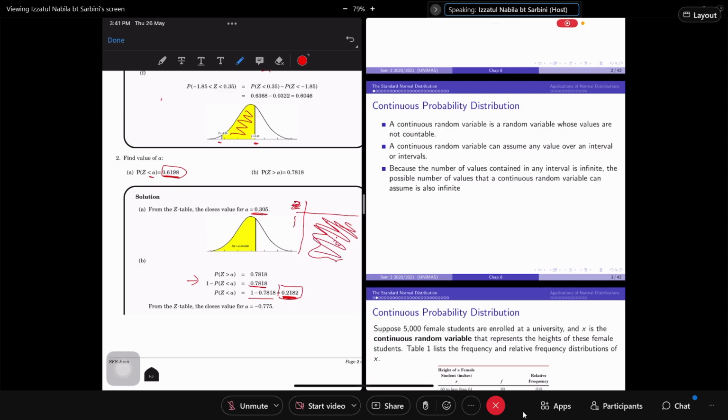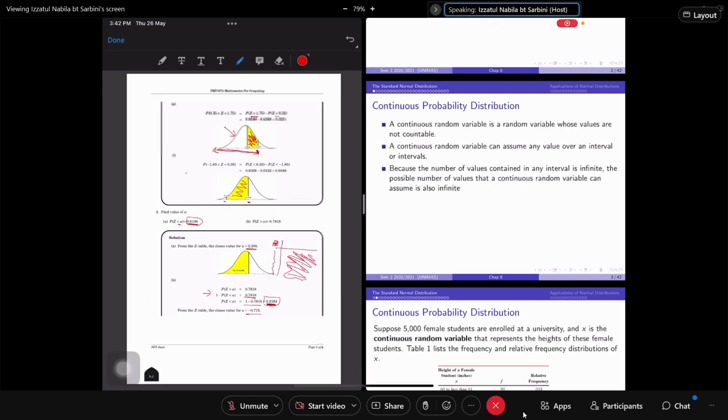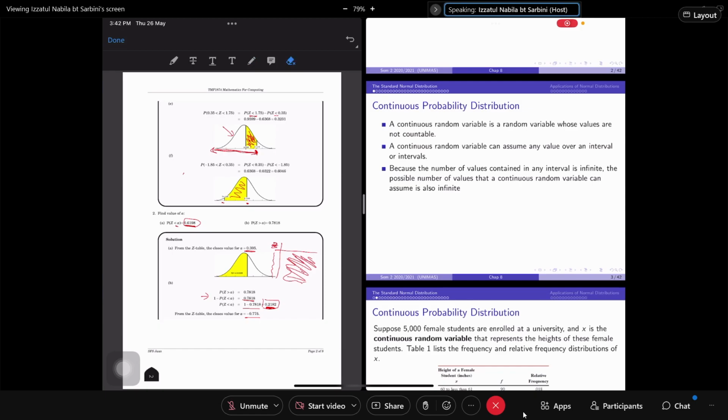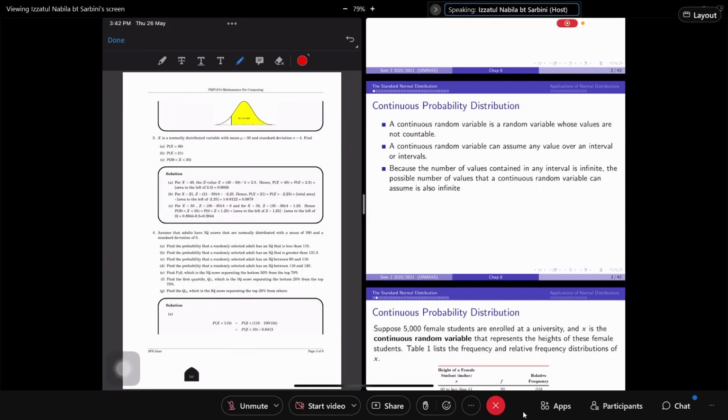Baru you cari apa value Z there. So in this case, the Z value is negative 0.775. Okay? So you need to know where to look at this table. Kalau area, kalau probability, you need to look at the body of the table, bukan dekat Z score punya value tu. It's different, yeah?